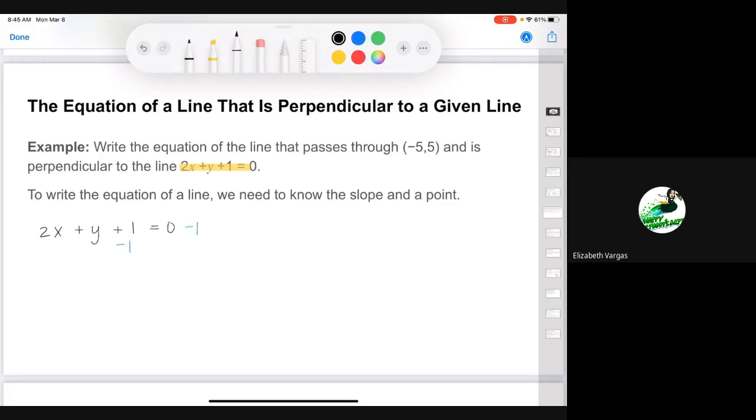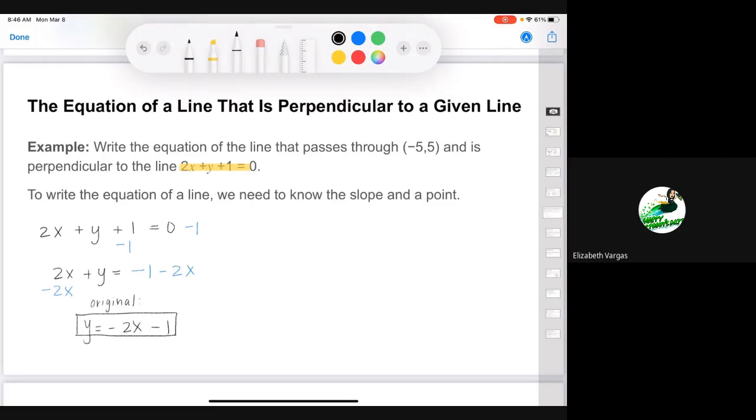That leaves me with 2x plus y equals negative 1. I still need to move my 2x, so subtract 2x. So that becomes y equals negative 2x minus 1, right? And so there I have my equation for my original line.